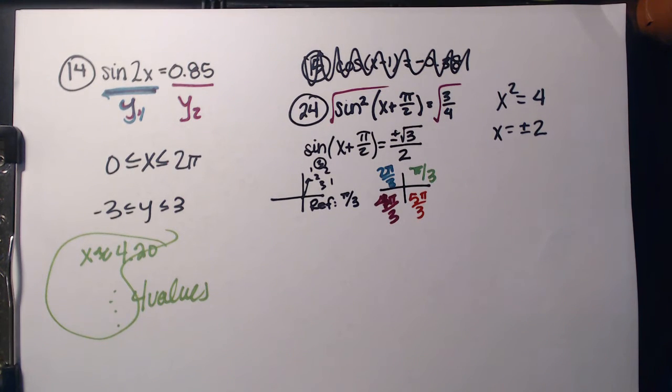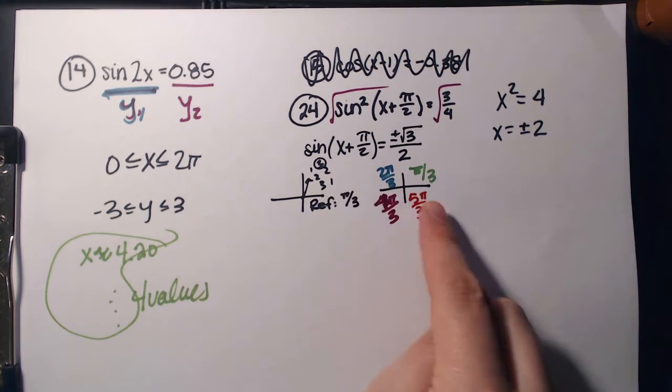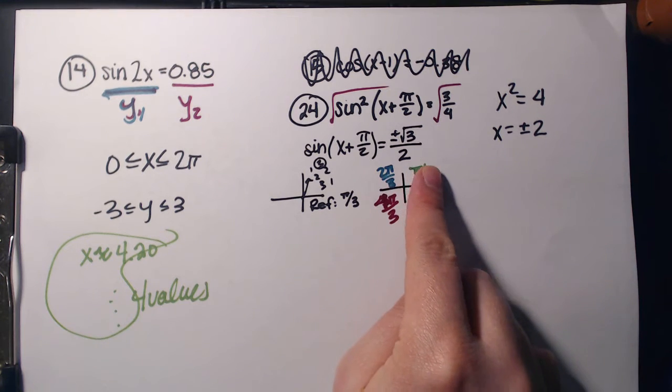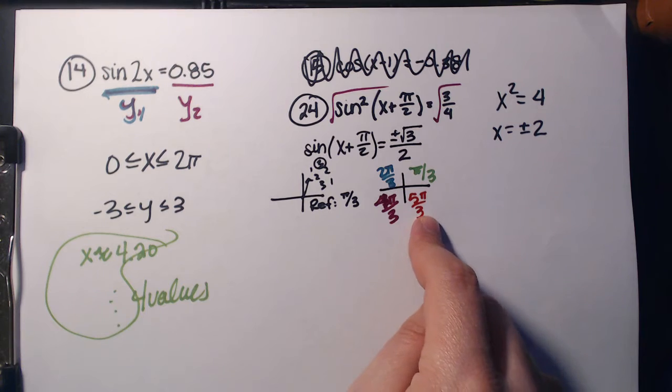My restriction on this is not for the angle itself, it's for x. So I'm going to set x equal to these, solve, and then I kind of have to consider some options as well.